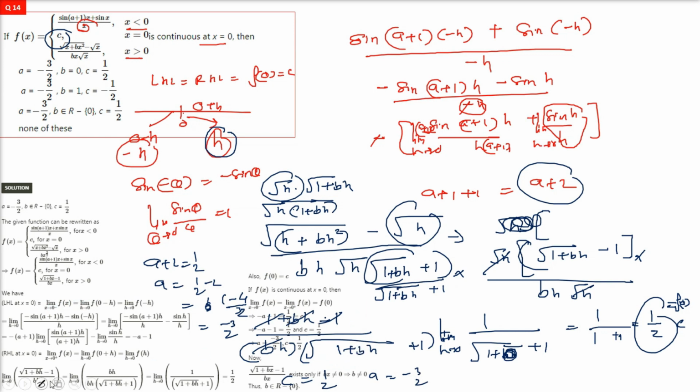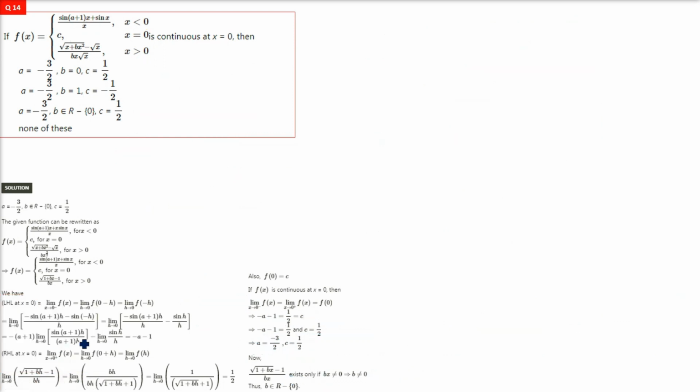So for that, you have to see what the scenario is for any expression which has B. So we have under root 1 plus bx minus 1 by bx. So we have to come here again. So we are checking which of the first and third is correct.